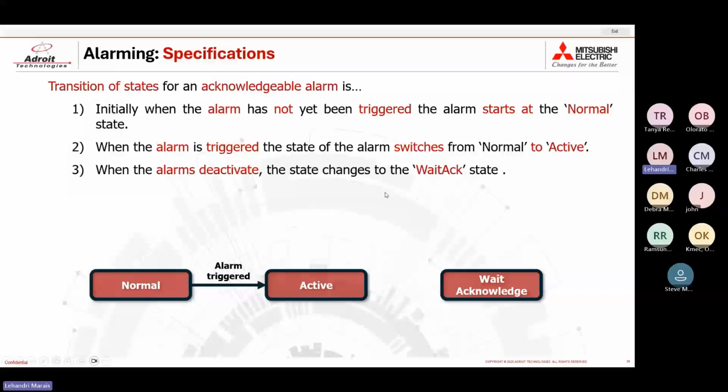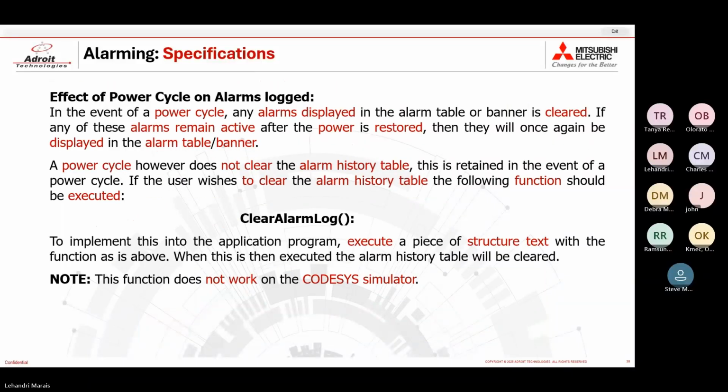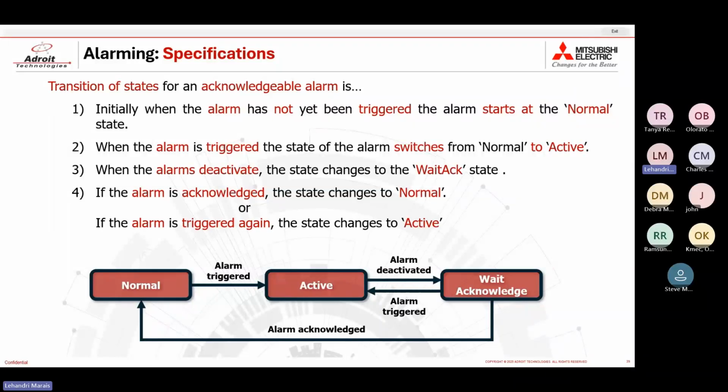When it is deactivated, however, it now goes to the wait acknowledge state, and when it's in the wait acknowledge state, it can do either of two things. If the user acknowledges it, it will go back to normal, or if the alarm once again activates, it will return back to the active state.